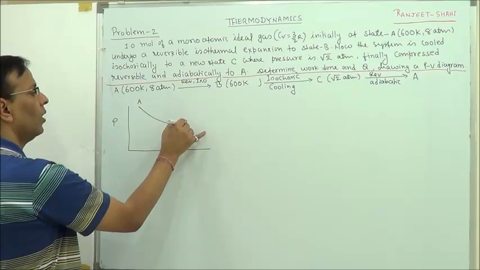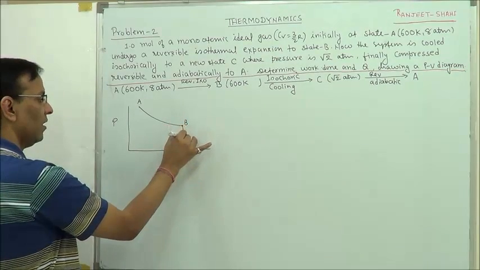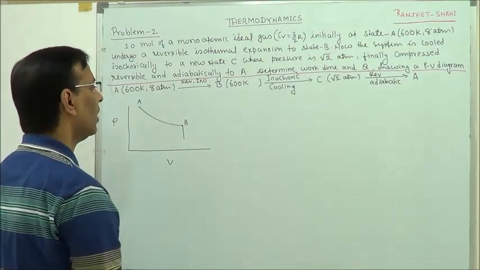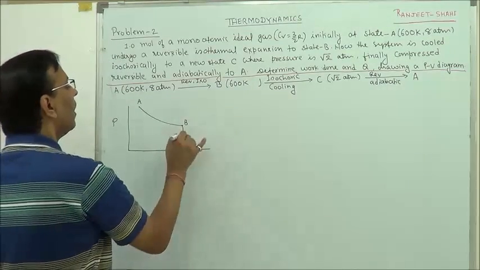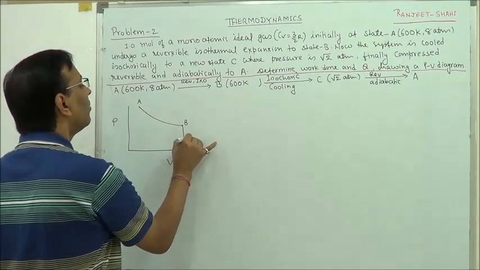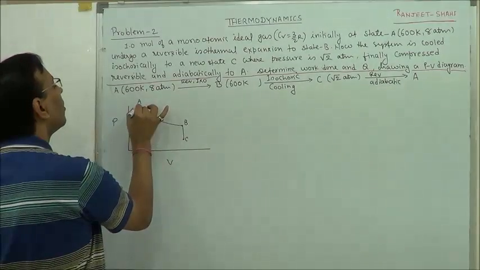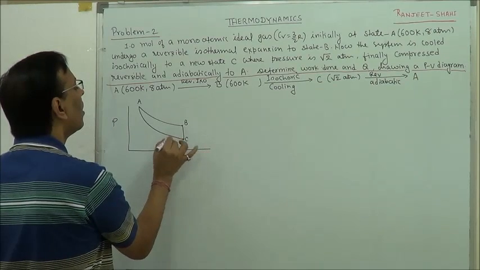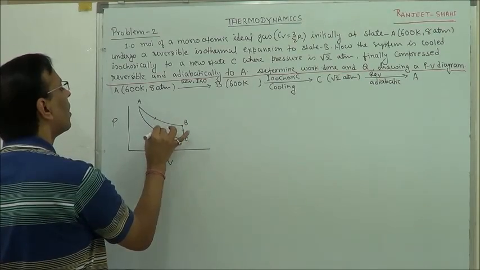So as we cool, pressure will decrease. At constant volume, if temperature is decreased, pressure will be decreased. It is state C, and then reversible adiabatic compression to A.